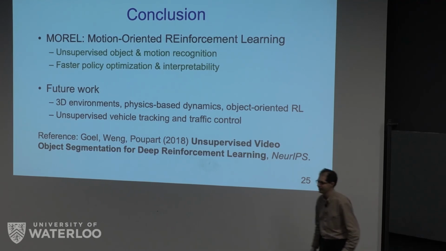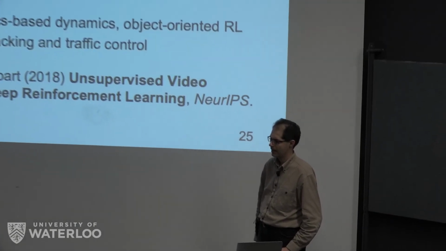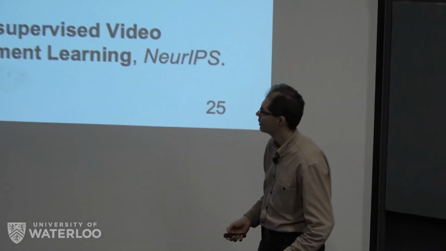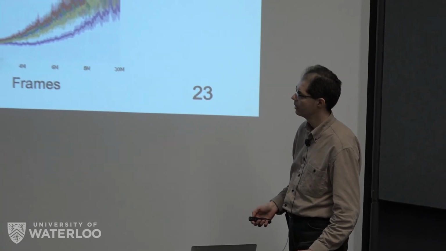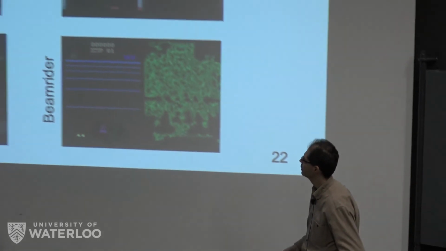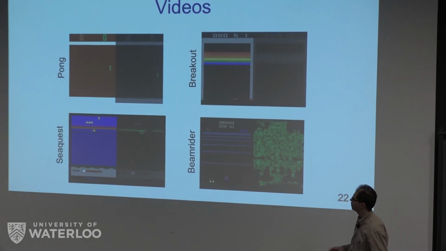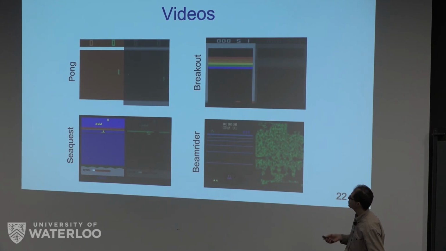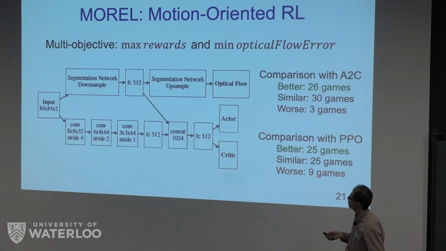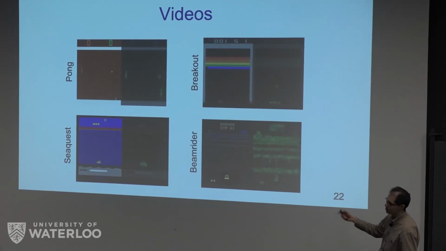Thanks for the talk first. Also, can you go back to the slide where you're showing examples where it worked? This one, okay. So you said with the game where there are lines, on the right, Beam Rider, yeah?